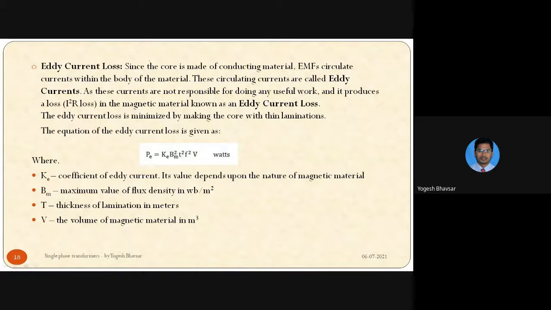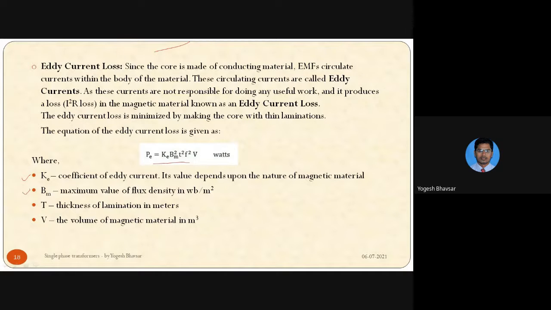The equation of the eddy current loss is given by PE. It is denoted by PE, right? Which is equal to Ke Bm square t square f square V. Again, you need to remember this formula. There is no derivation. Directly remember this formula. Where Ke is the coefficient of eddy current, its value depends upon the nature of magnetic material.